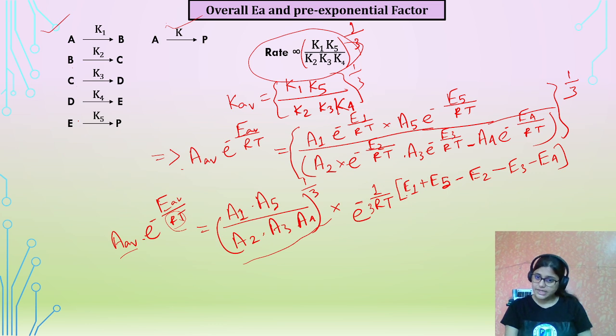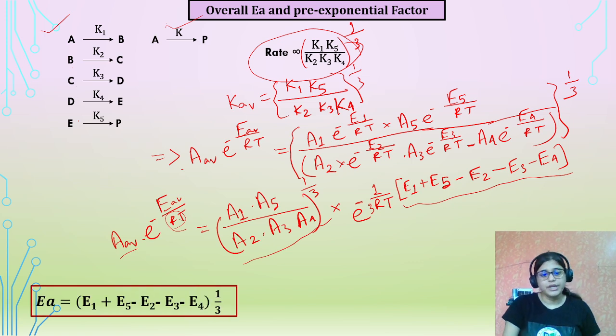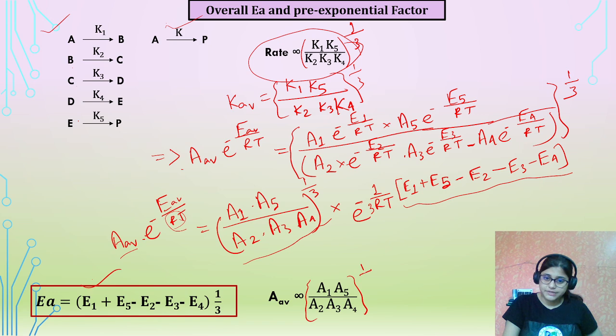So 1 by 3 and this whole term will be the E average. Simple. E average will be 1 by 3 multiplied by E1 plus E5 minus E2 and so on, which we solve, and A average will be this one, to the power 1 by 3.